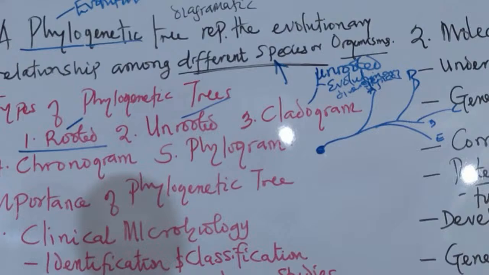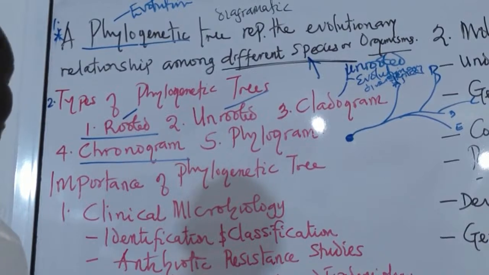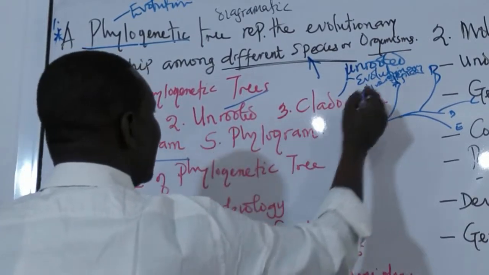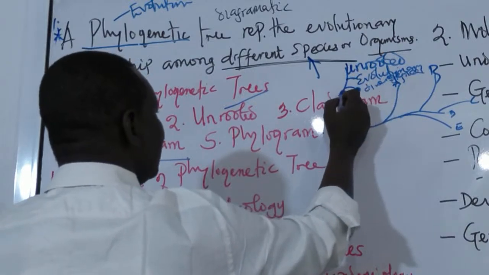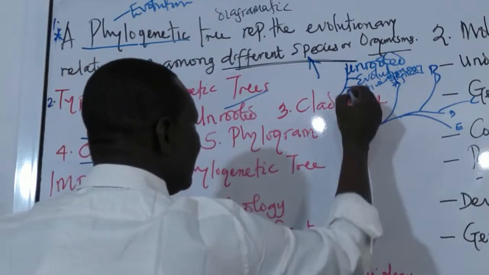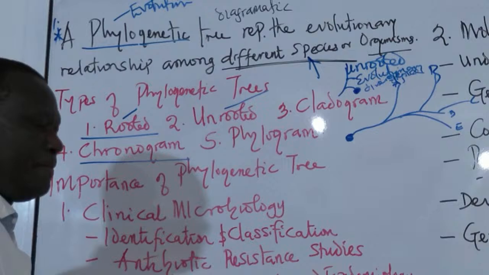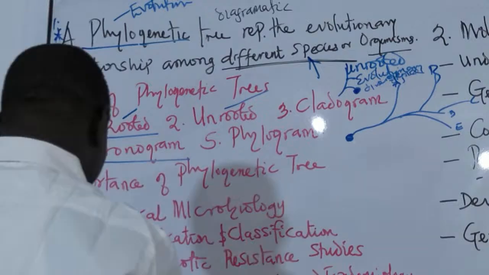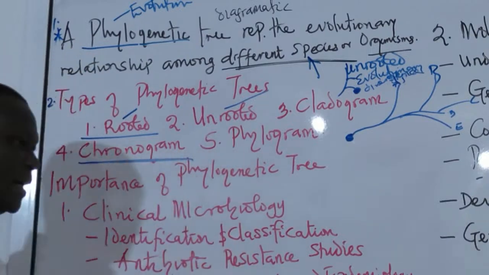Then the fourth type. Before I go into that, that kind of divergence does not by any means indicate the time, and when there was that kind of emergence. So there was no actual time. The same thing with chronogram.